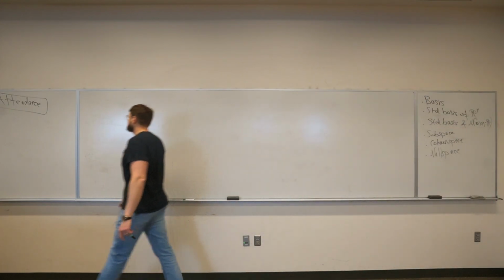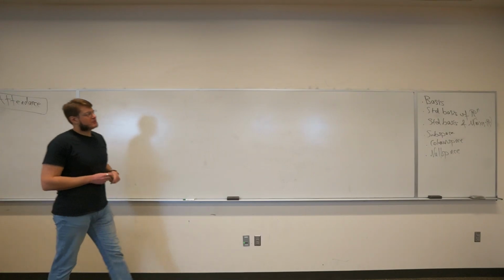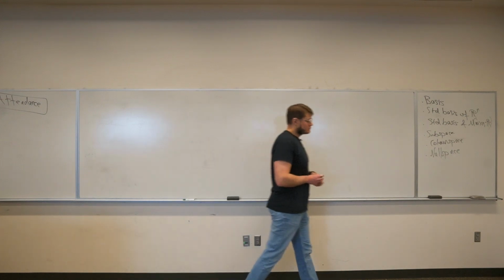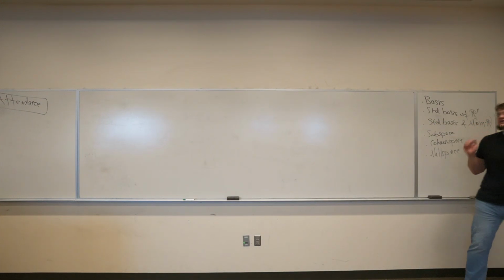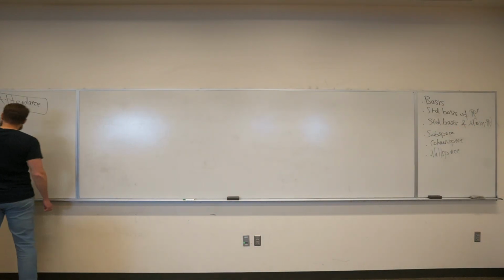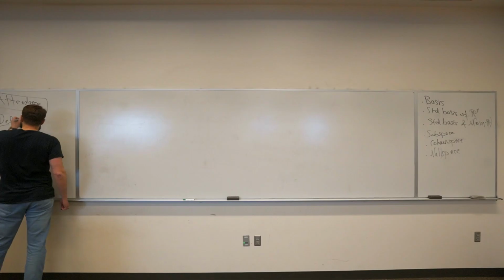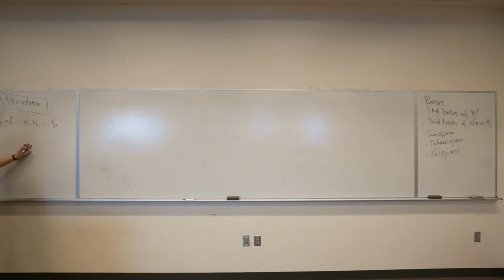A basis is nothing but a set of vectors in the same space, so they have to be of the same type, that has both properties of spanning and linear independence. So I take a bunch of vectors.